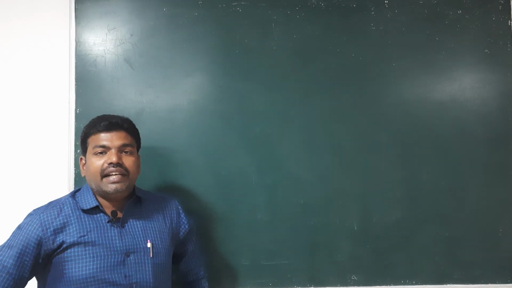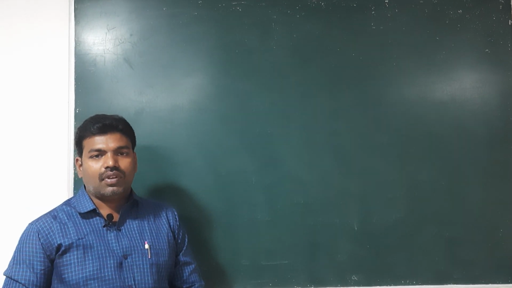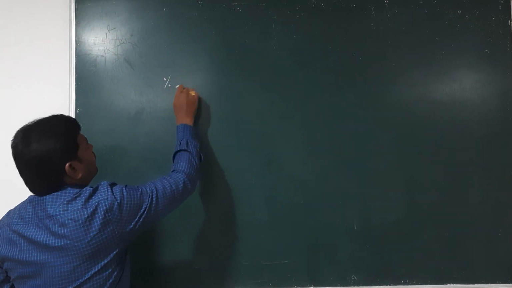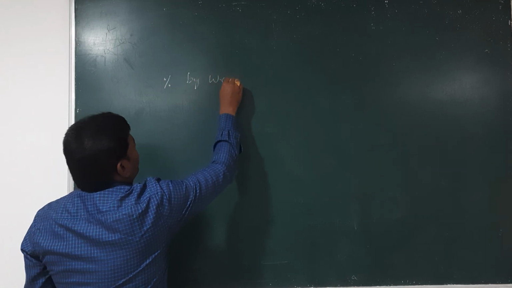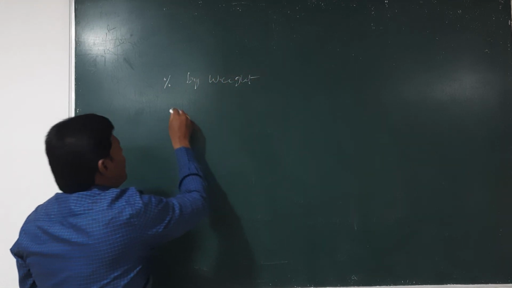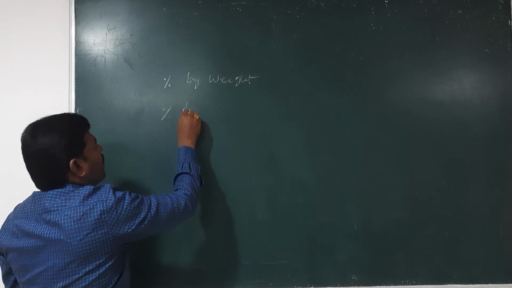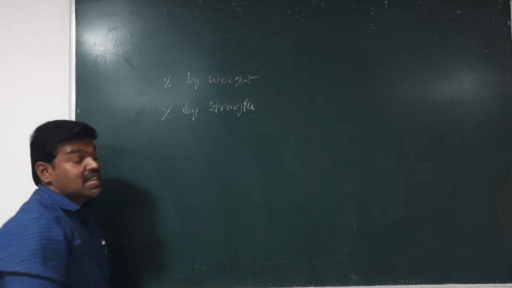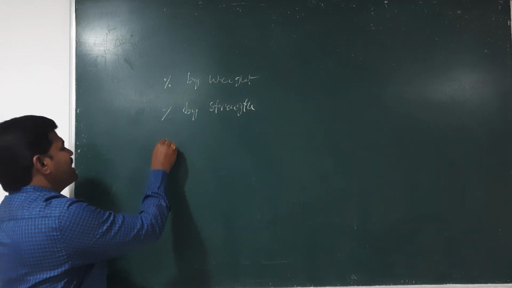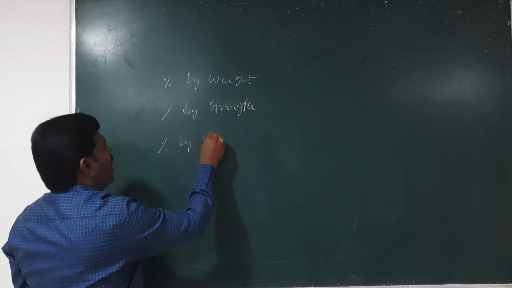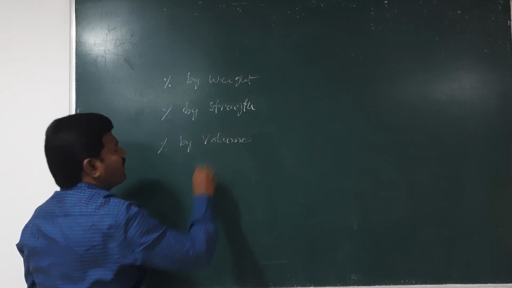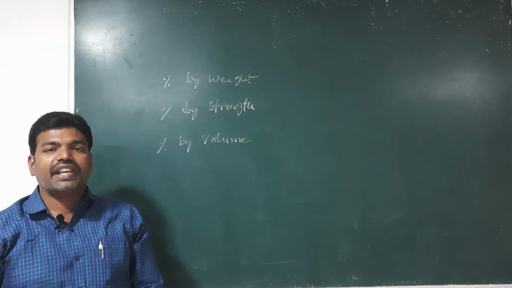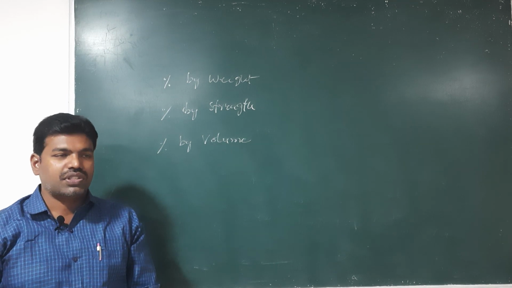There are three types of percentage: percent by weight, percent by strength, and percent by volume. By these three percentages also we can express the concentrations of the solutions.